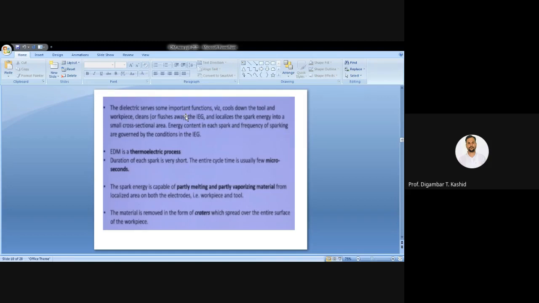This spark energy is capable of partly melting and partly vaporizing the material from the localized area where the spark is generated, from both electrodes, that means from both the workpiece as well as the tool.